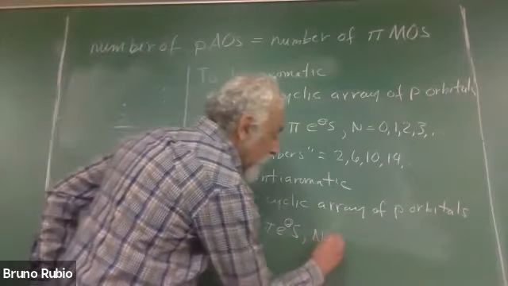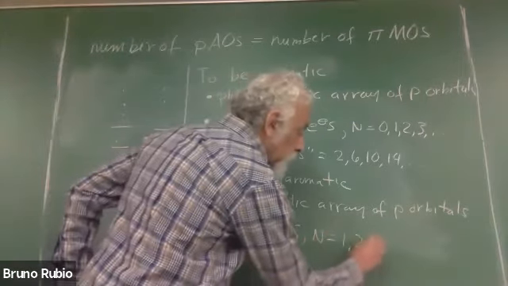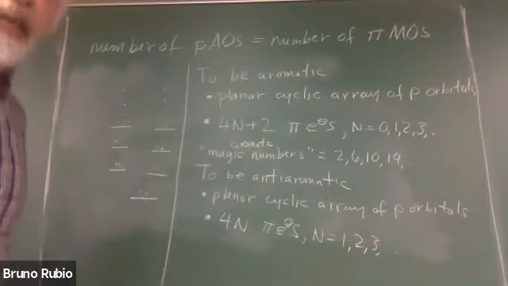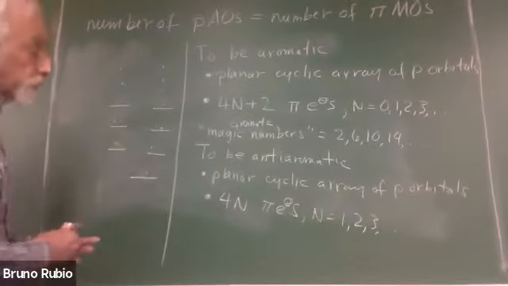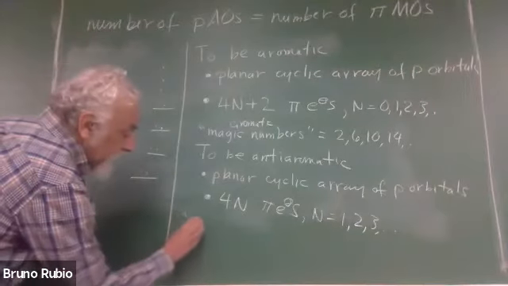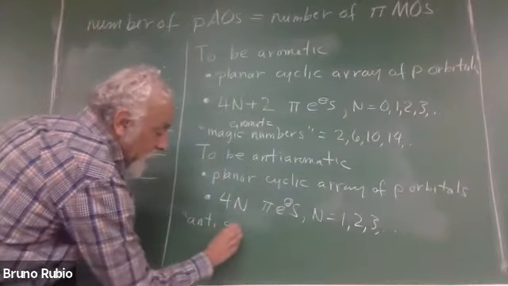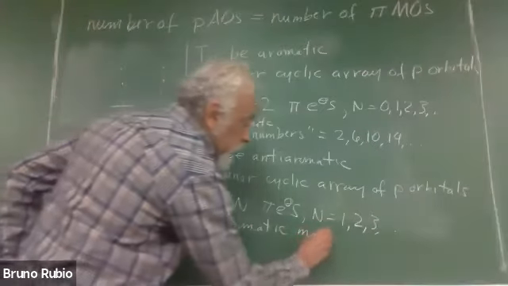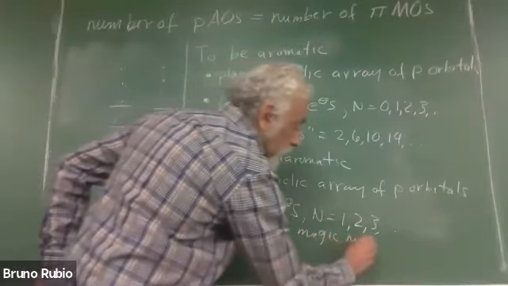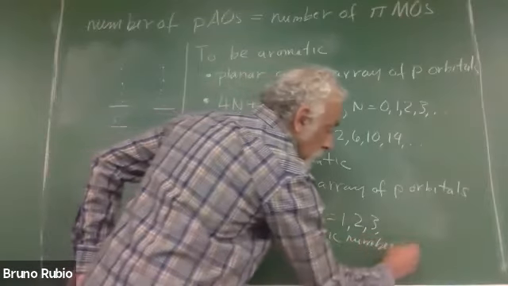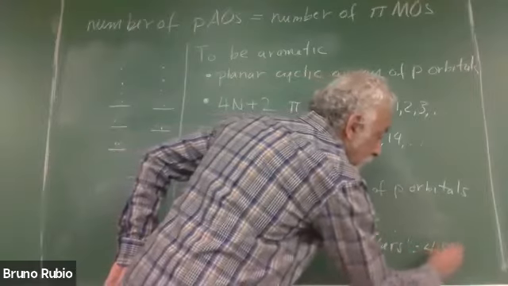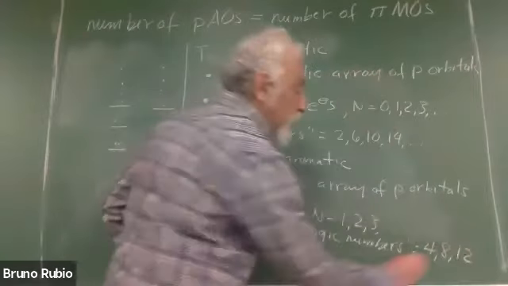So n here could equal 1, 2, 3, so on and so forth. So the anti-aromatic magic numbers are 4, 8, 12, etc.